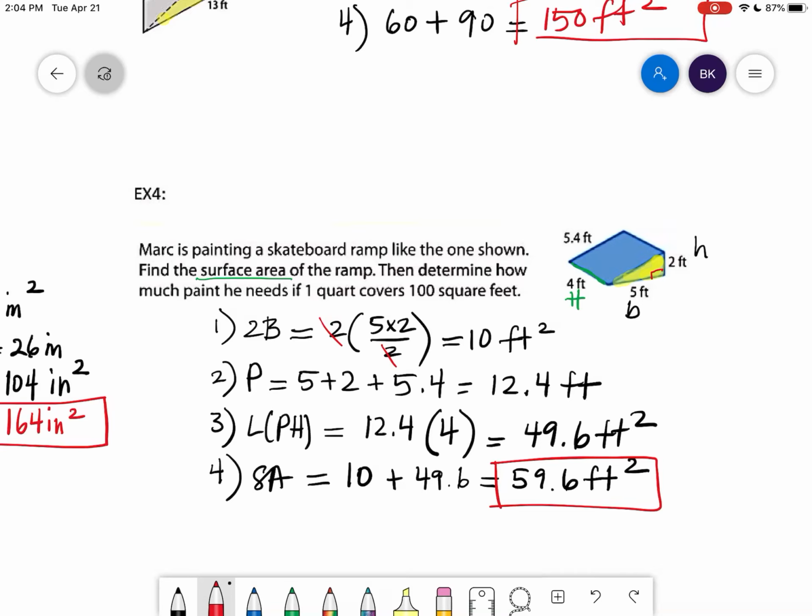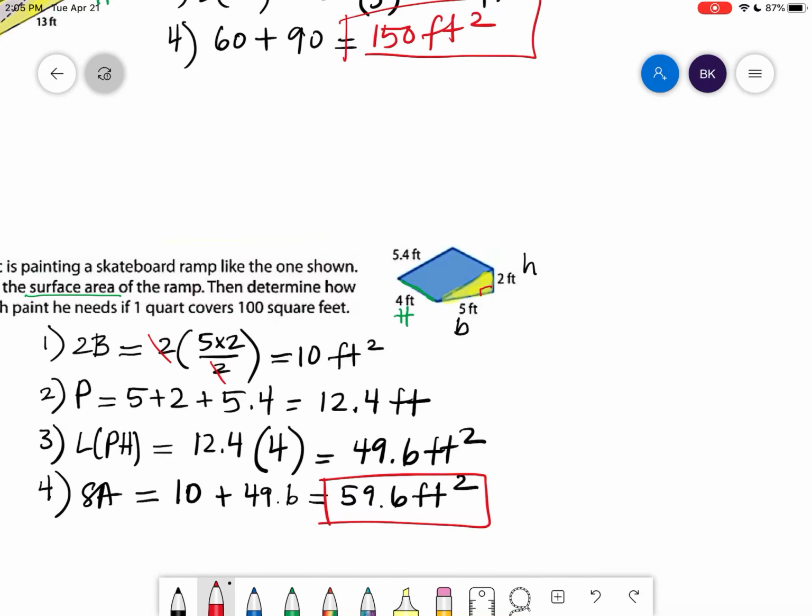And ladies and gentlemen, well, we know that one quart covers 100 square feet, and I only need paint to cover 59.6 square feet. So what I'm going to do is show you how much paint we would really need.